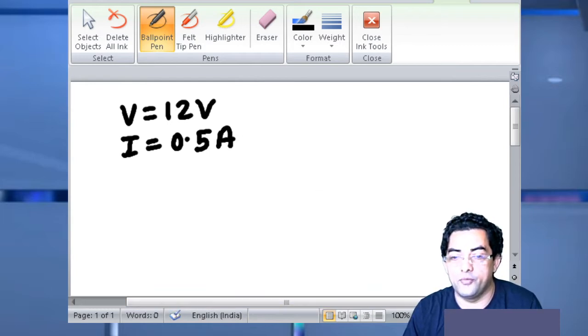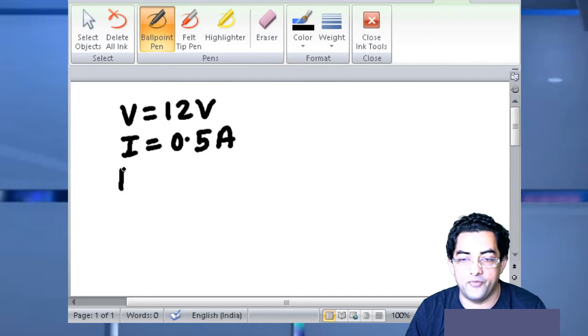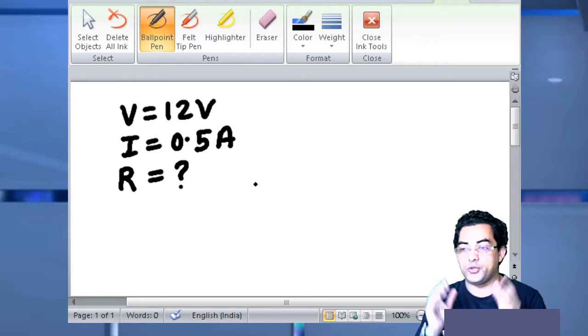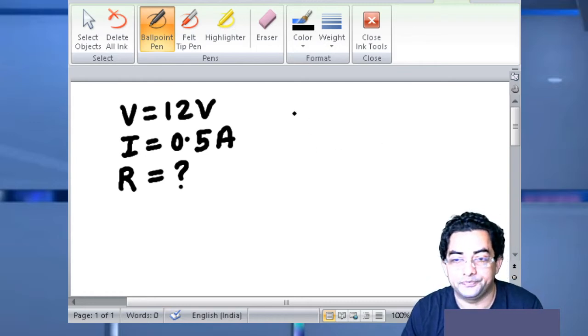And what we have to find out? We have to find out the value of resistance. Come on, tell me which formula you are going to apply. Write in the chat which formula you are going to apply.